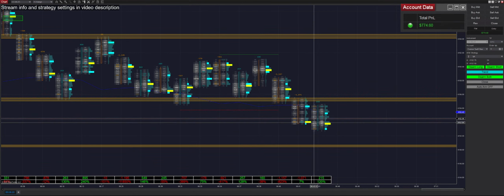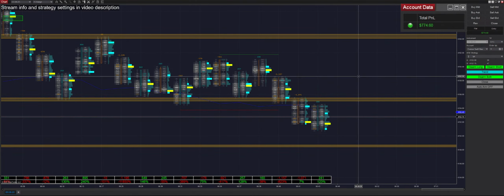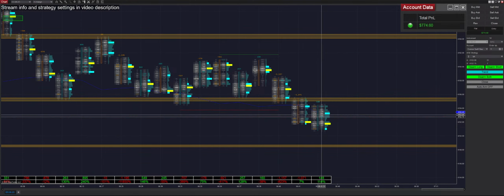That's a really unfortunate stop right here. It's difficult to deal with mentally because it just reached that area.